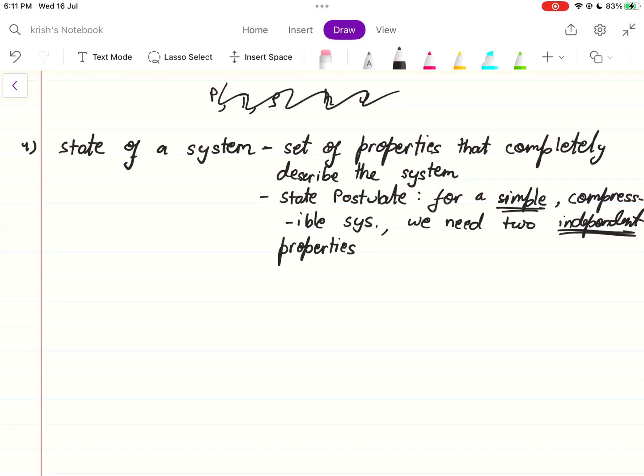Now, obviously, the question arises, what is a simple compressible system? So we will just write it in black here.